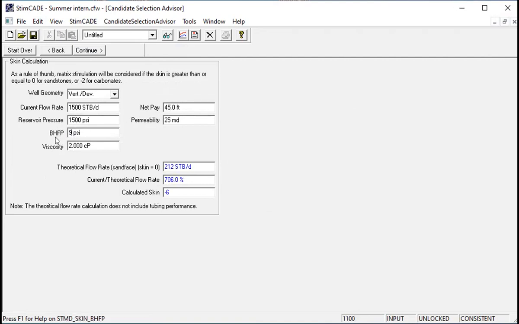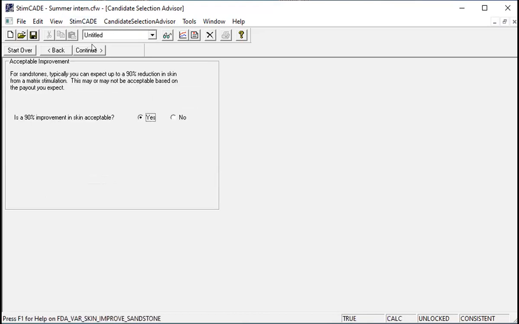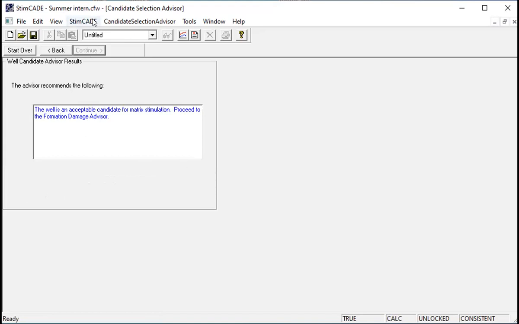Bottom hole flowing pressure 900. I've already done the simulation. 1,500, 150. All right, so that's exactly what we had. So we move further. All right, so that was where we are.